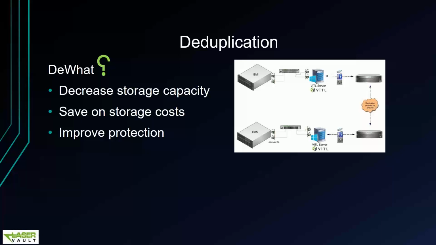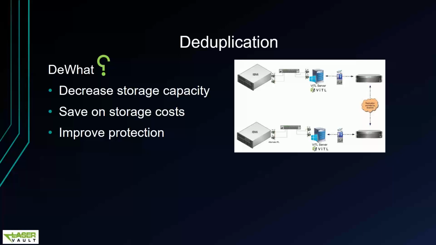Deduplication does block level saves. It compares a block to the block that's already been saved. If there's new or changed data in that block, it is saved. If there is not, it is not saved.